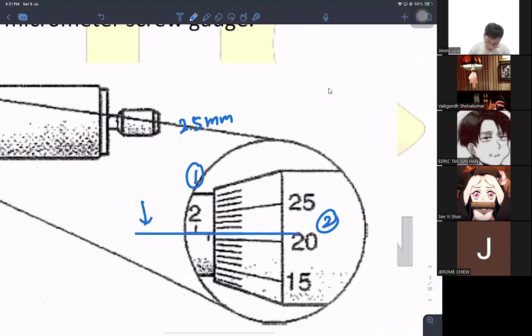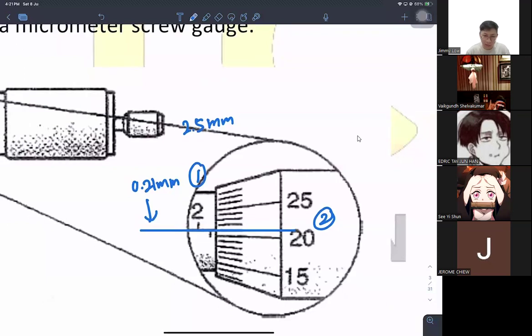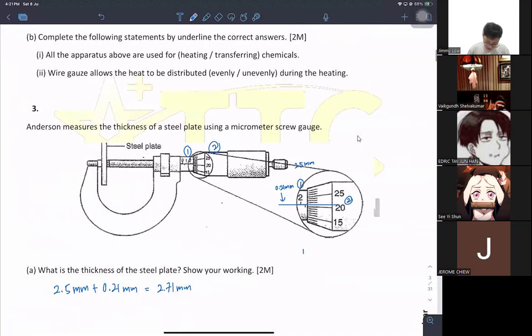So what is this reading? You have to know, right? It is 0.21 mm because it's 20, then 21. So 0.21 mm. Then you just add them up together. You got your answer: 2.71 mm. This is the basic reading that you can get from a micrometer screw gauge.